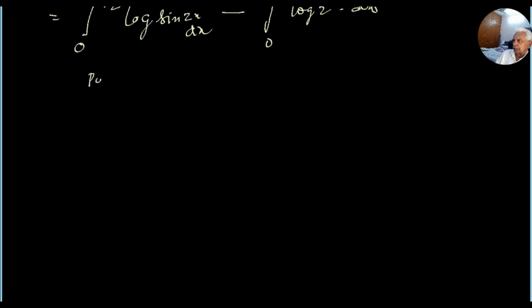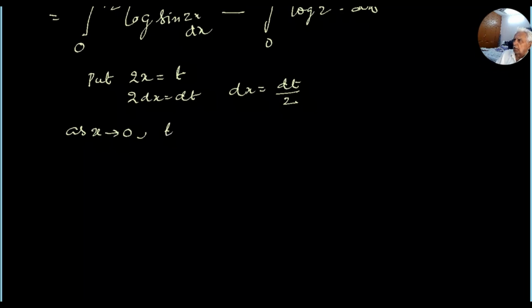Put 2x equal to t, 2 dx equal to dt. dx is dt by 2. As x tends to 0, t tends to 0. As x tends to pi by 2, t tends to pi.